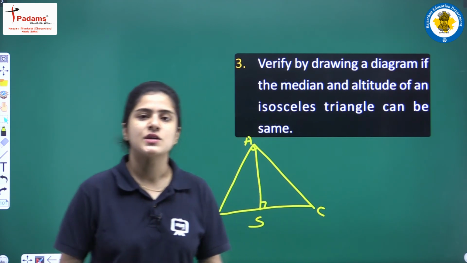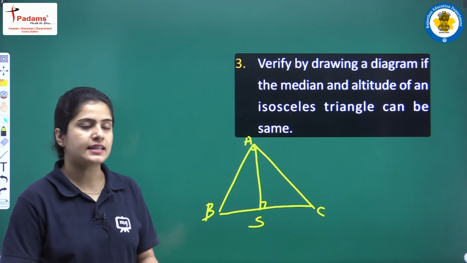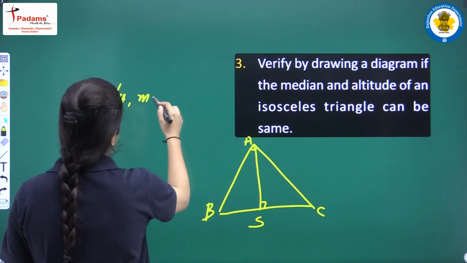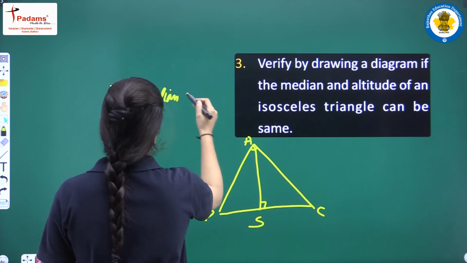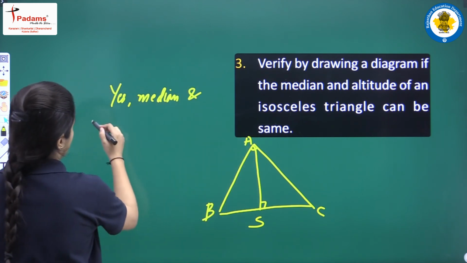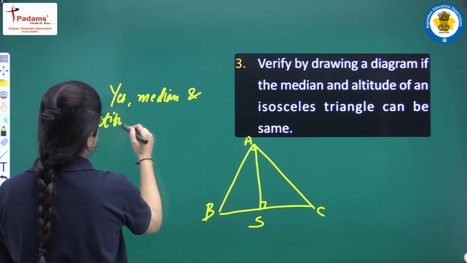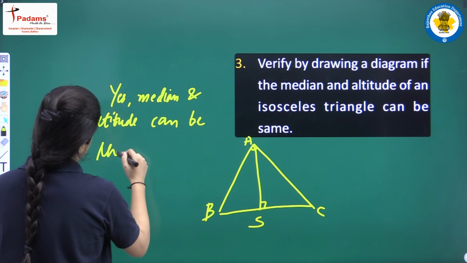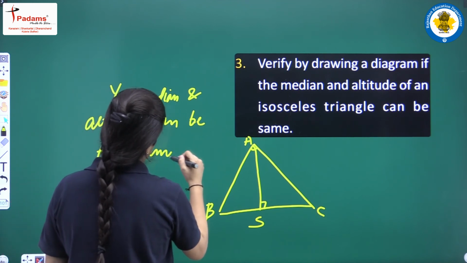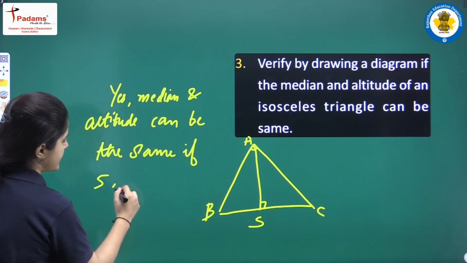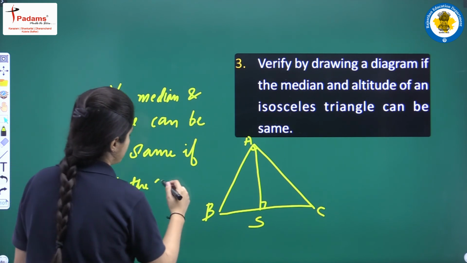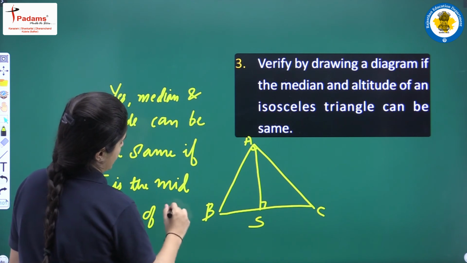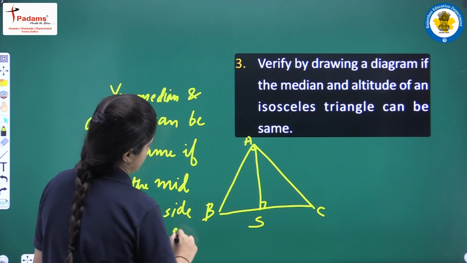Okay students, so in this question we are clearly saying that yes, median and altitude can be the same if S is the midpoint of side BC.